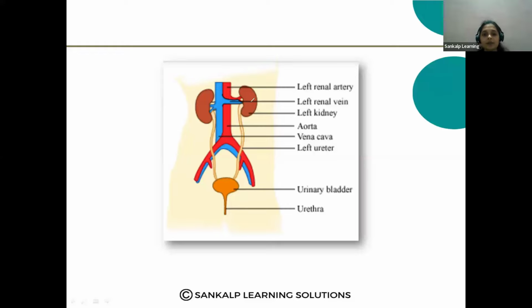In this picture, you can also observe blue color veins and red color structures that are connected to the kidney. So what are these structures? The blue color structure is the vena cava, which you already studied while studying the structure of the heart.